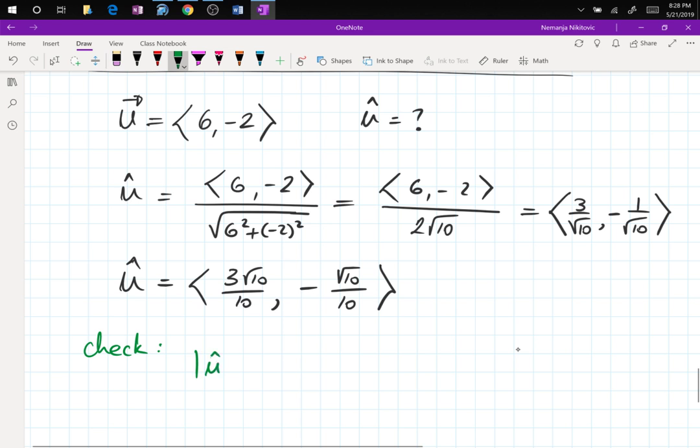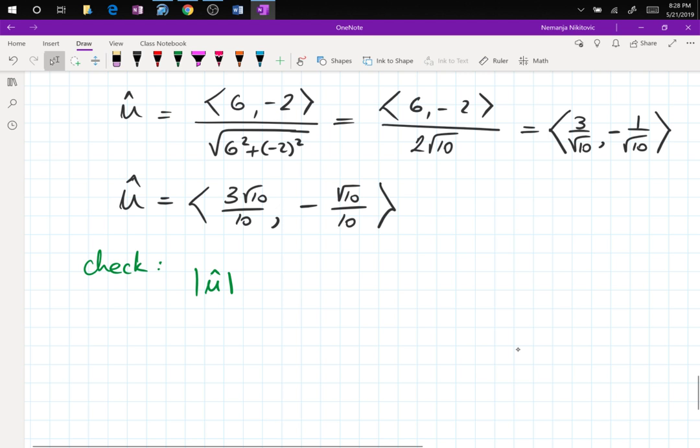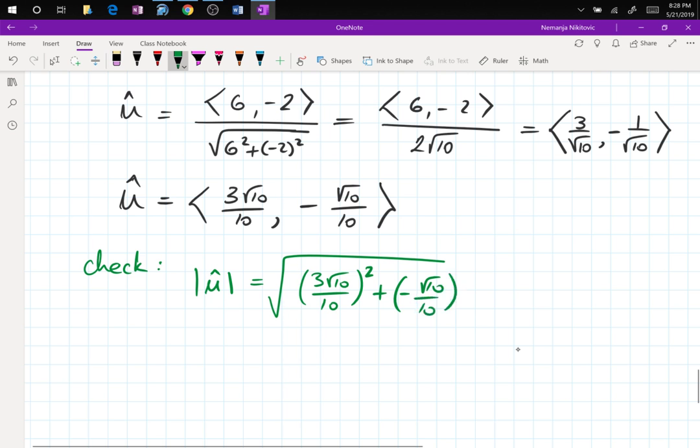So magnitude of u hat should be 1. We know how to find the magnitude. You take the coordinate, you square it, and then you add the square of the other coordinate. So root 10 squared is just 10, so this is 30 over 100. There's the square root. Plus 10 over 100.